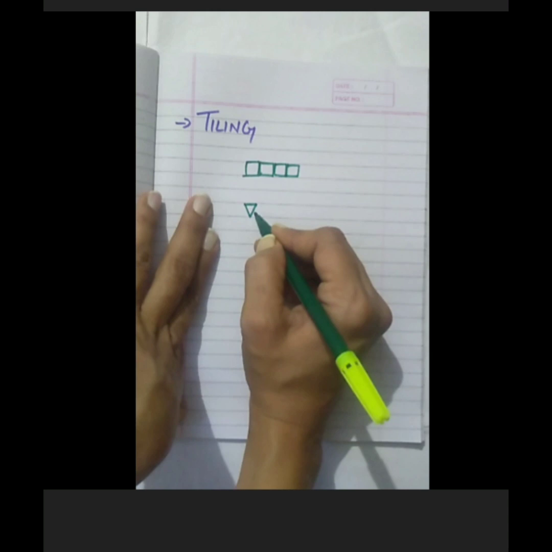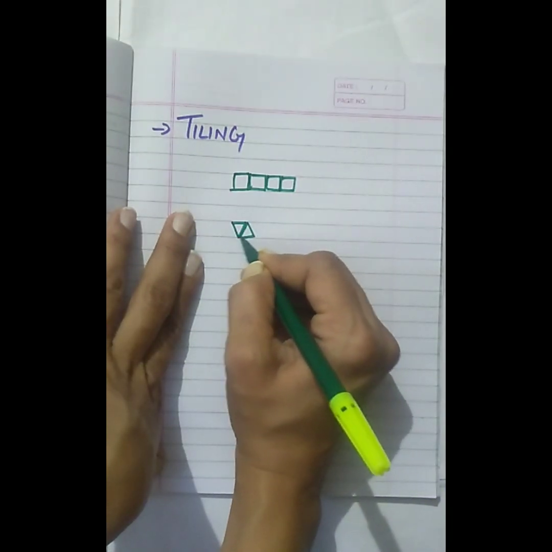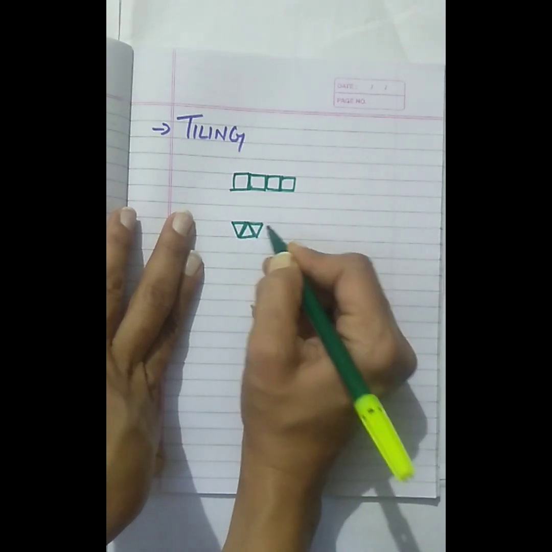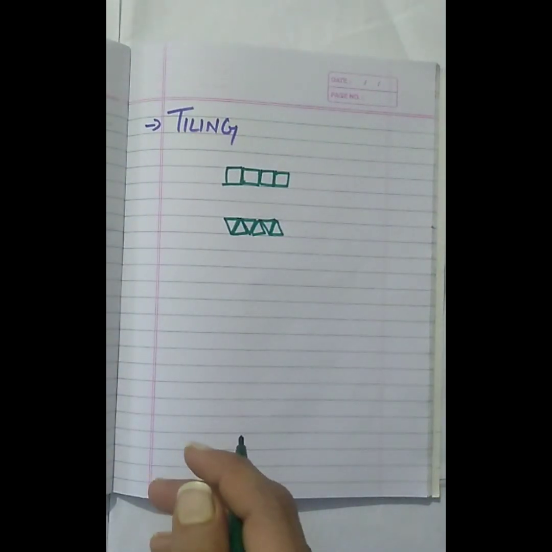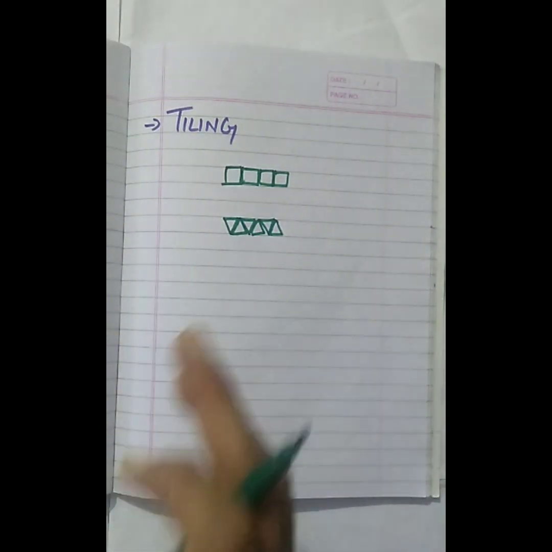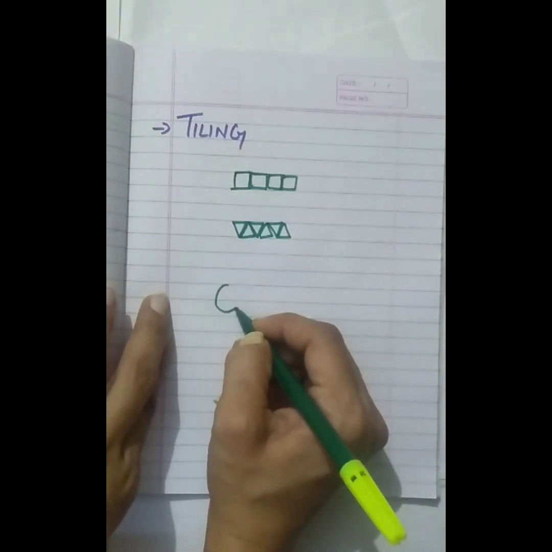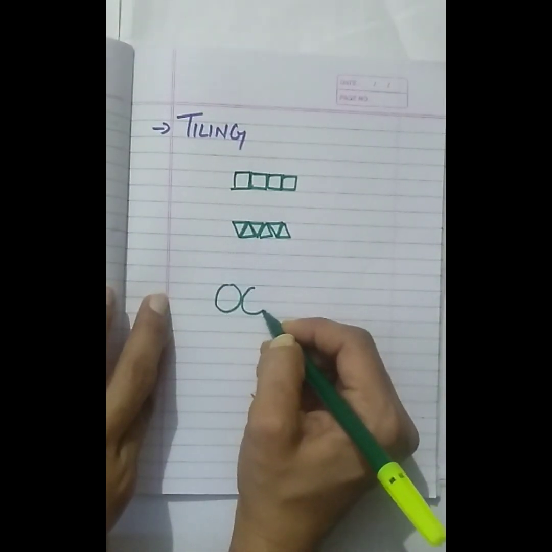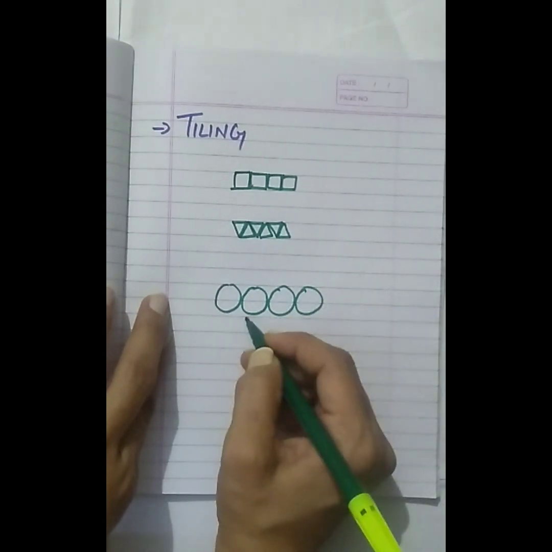If it is a triangle, let's see how it is done. It is put in such a way that the complete flooring is done. Yes, but have you seen a circular shape being used? If a circular shape is used for tiling, you can see gaps in between.